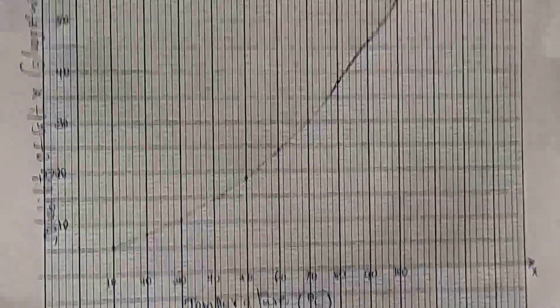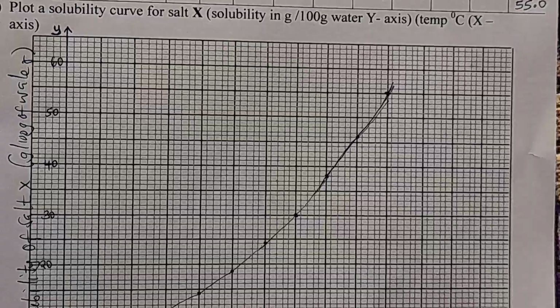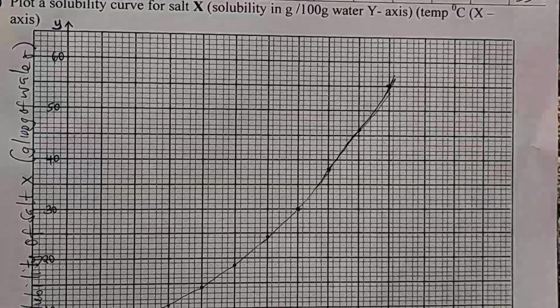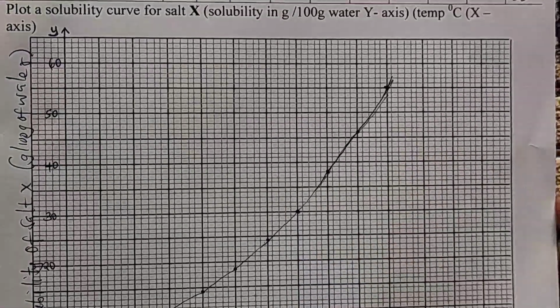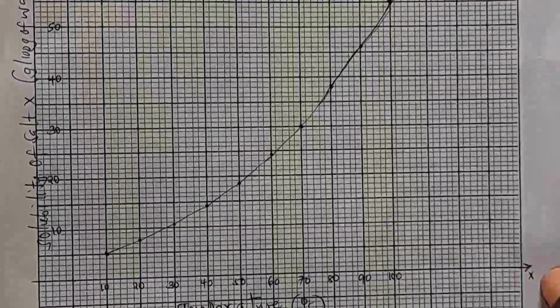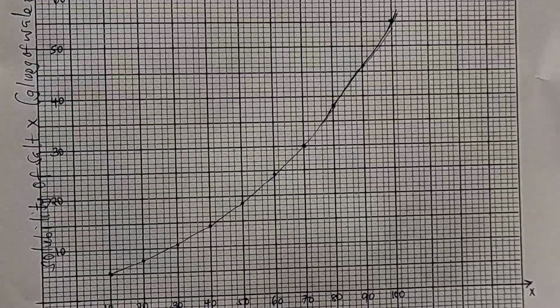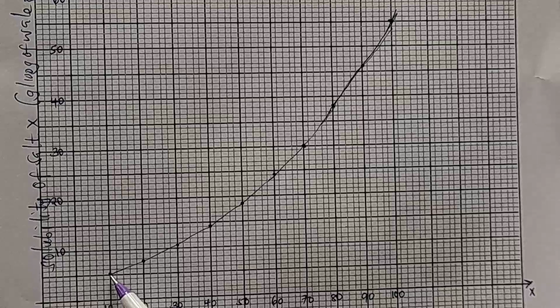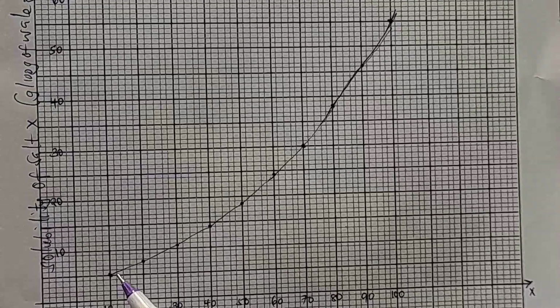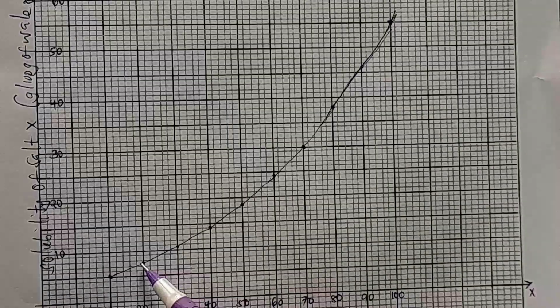Here we have only one curve. That means we are not going to label the curve, because there are no two curves. I know this is the graph for that salt X. Okay, have a look at it. We have plotted the points. When the temperature is 10, we have 5.0 grams of solid X. At 20, we have 7.5.